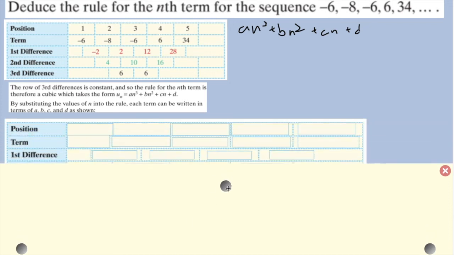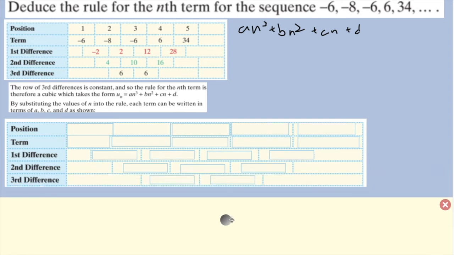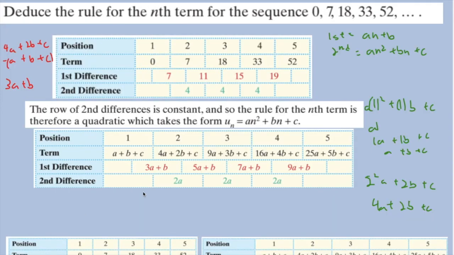All right, so we're going to do what we did on this last problem and come up using our formula.